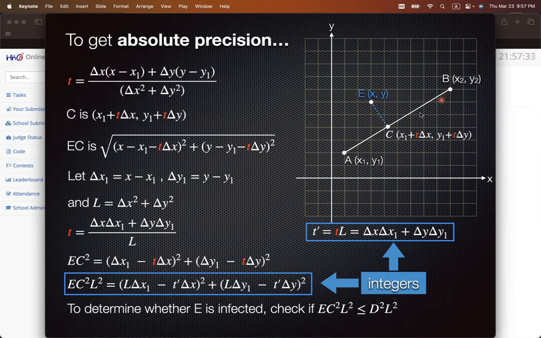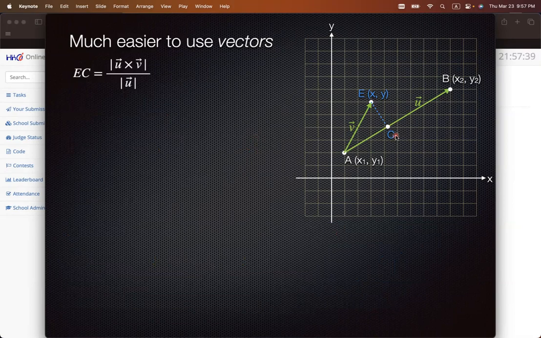Okay, but this whole problem, it's actually a lot easier to solve if you use vector arithmetic. If you see AB as a vector, call it U, and then AE being another vector, then the distance, i.e. the length of EC, is the cross product of U and V divided by the length of U vector, like in this formula.